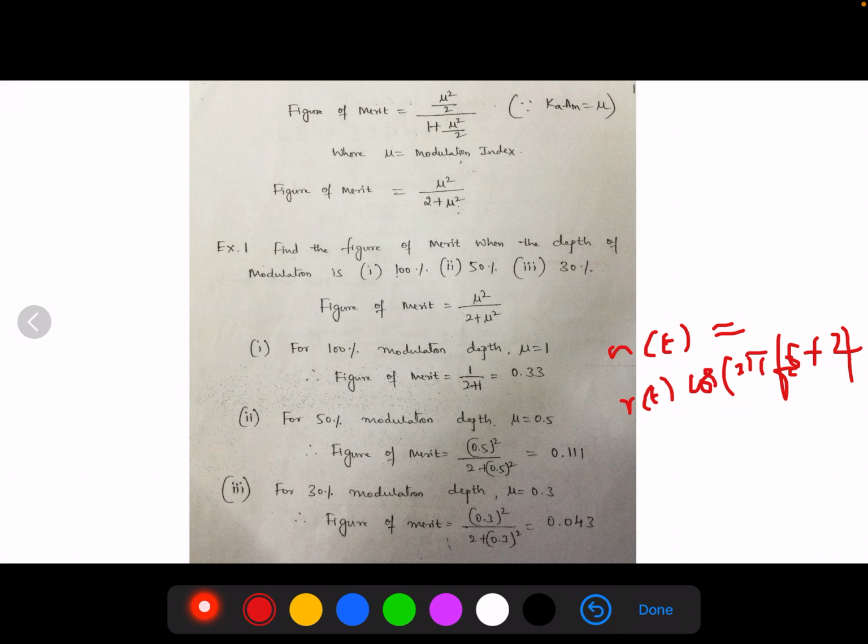This relation reveals that when the carrier to noise ratio is low, the detector output has no component which is strictly proportional to the message signal m of t. The last term of the expression for y of t contains the message signal m of t, which is multiplied by noise in the form of cos psi of t.